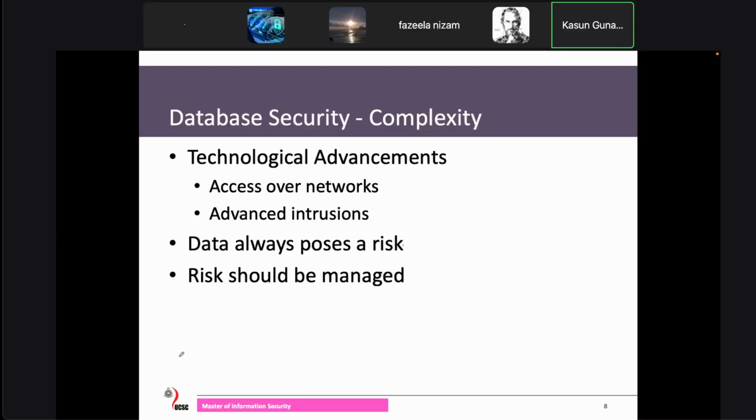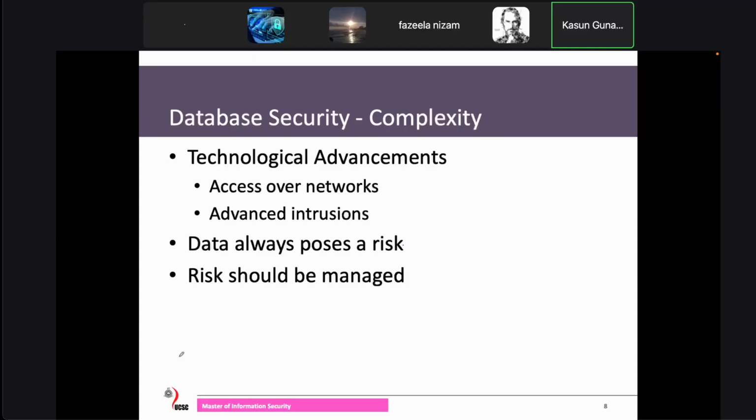Large amounts of data are being processed, large numbers of clients are connecting over the network, and sometimes these data storages are distributed, sometimes we might be in a cloud environment.